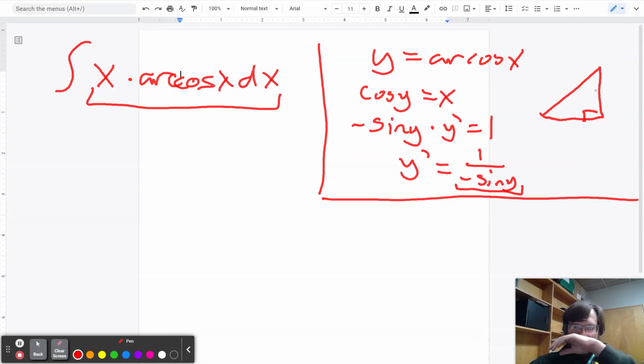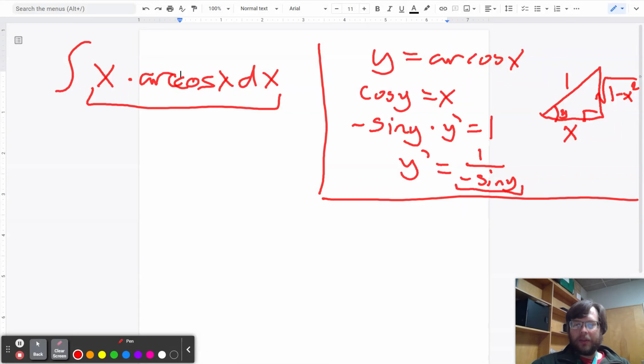What we know is that the cosine of y is equal to x. So y is an angle. Cosine is adjacent over hypotenuse, so x over 1. And then this side needs to be the square root of c squared minus b squared. And then we have a beautiful right triangle that relates the letters x and y.